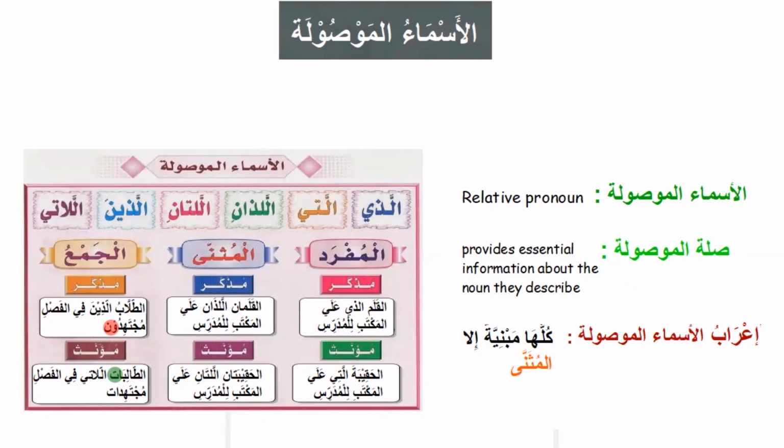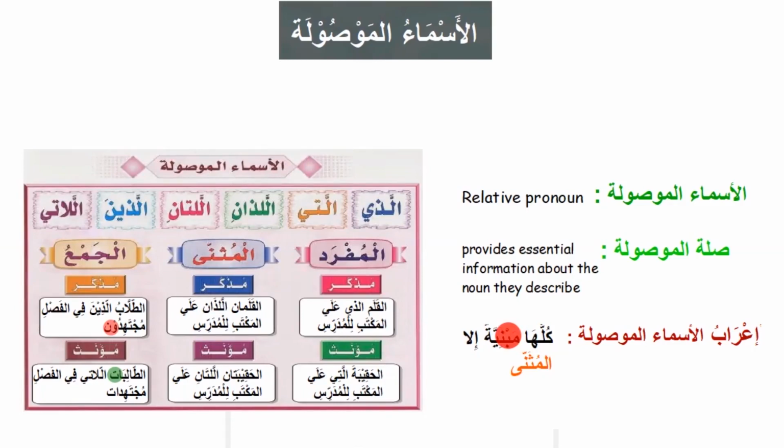So we are reading from here and they are saying: كلها مبنية إلا المثنى. All of them are mabni, and I hope you know what mabni means, right? Look at mabni and mu'rab.